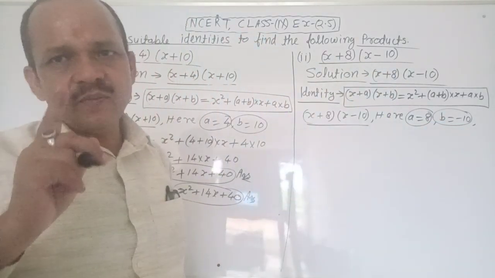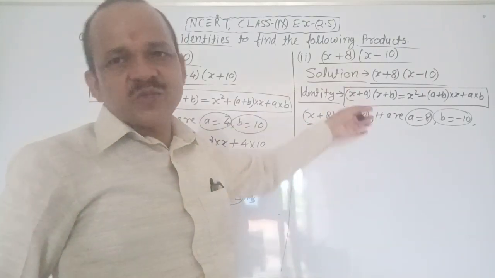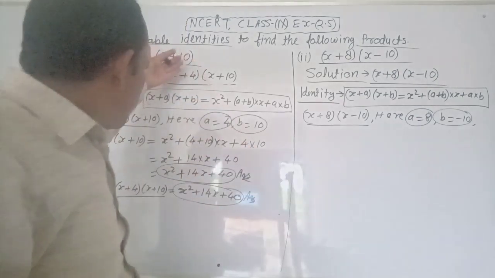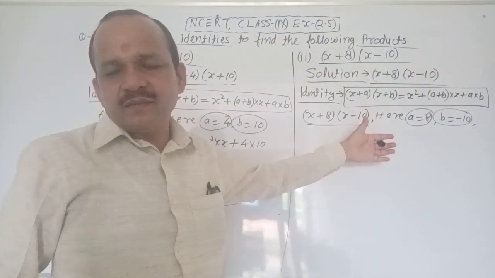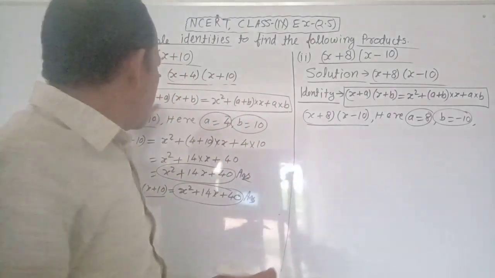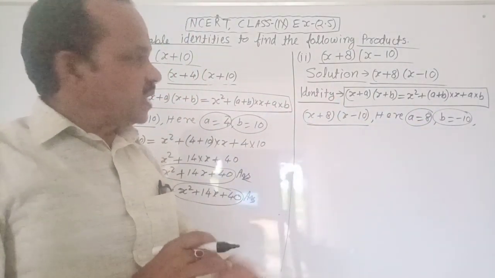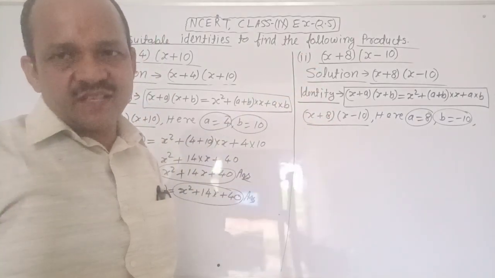Is it clear? It is very easy. You can solve this question very easily. The first question and the second are the same. This identity and that identity are the same. So you can solve it very easily.